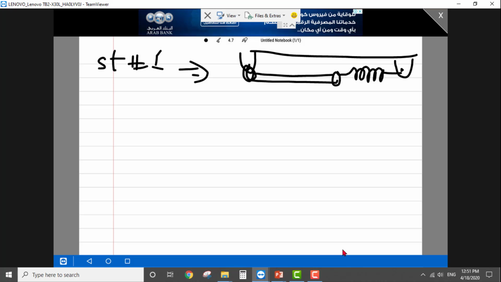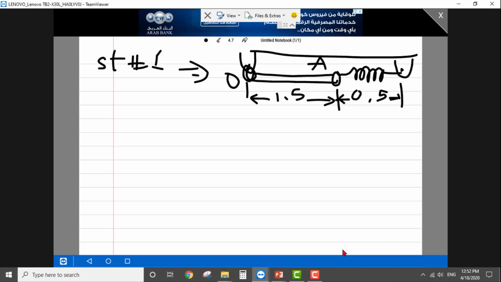It's initially unstretched. As we mentioned, this is 0.5 in terms of length, and this one is 1.1. This is all.